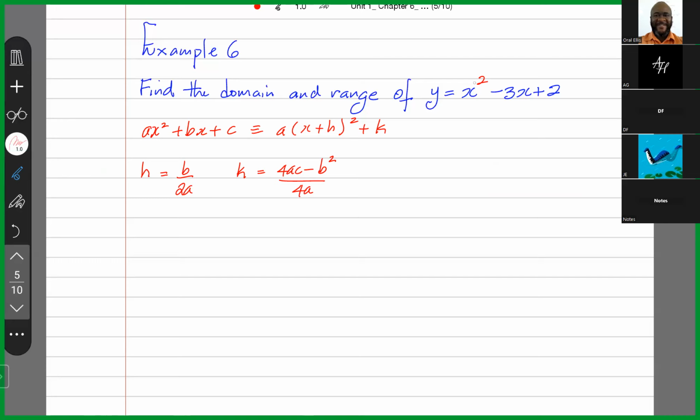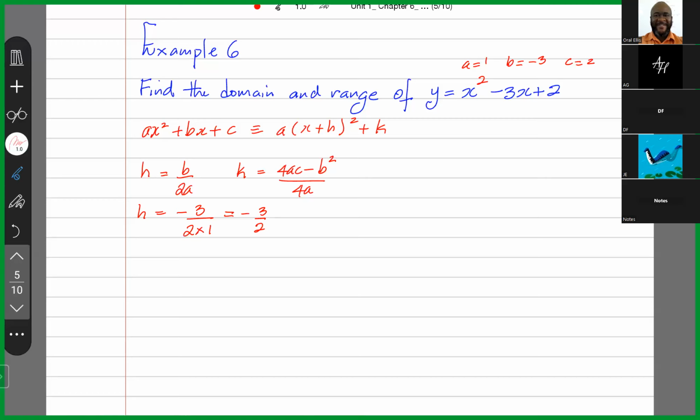So for the relation y is equal to x squared minus 3x plus 2, a is 1, b is minus 3, and c is 2. So h would be equal to b, which is minus 3, over 2 times a, which is 1. H is minus 3 over 2. That's h.